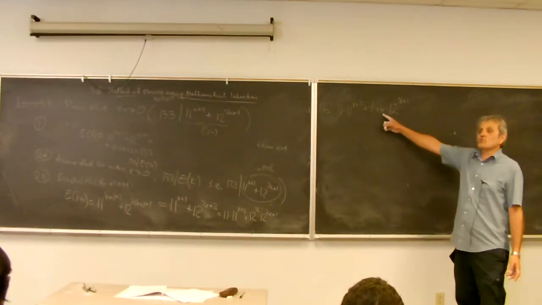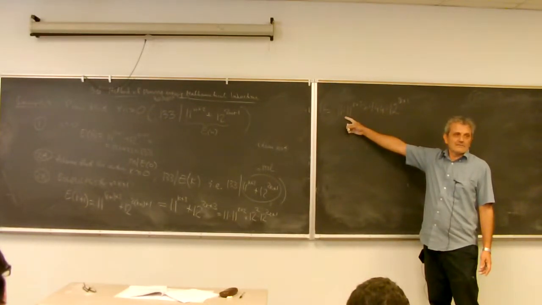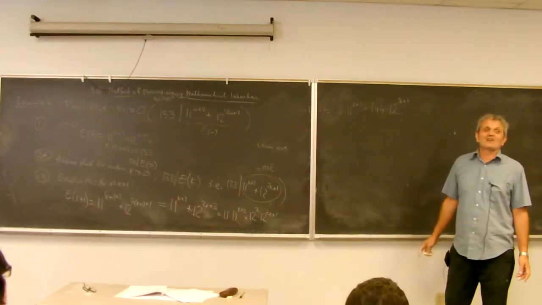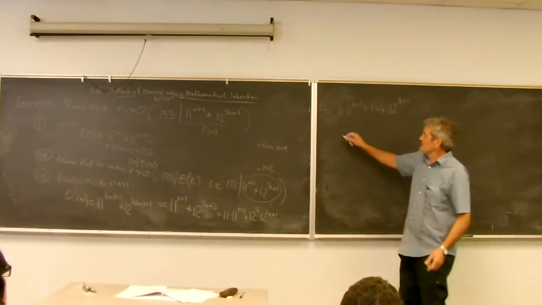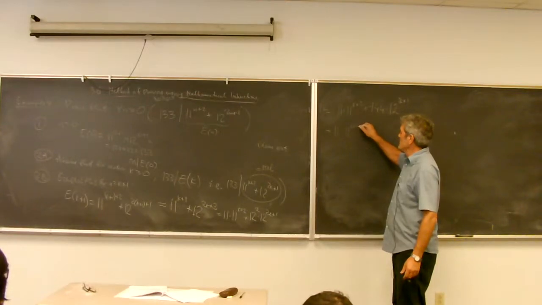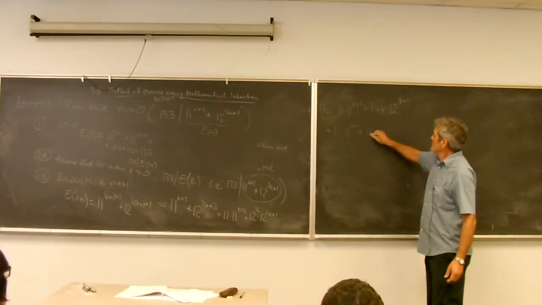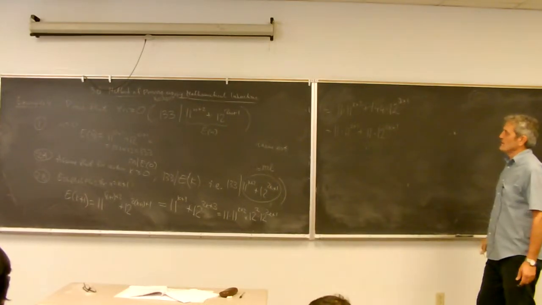Can I split this 144 so that it becomes what? 11. And what's left? Exactly what we like. How much is that extra? How much do they differ by? 133. So I can write it like this: 11 times 11 to the k plus 2 plus 11 times 12 to the 2k plus 1.